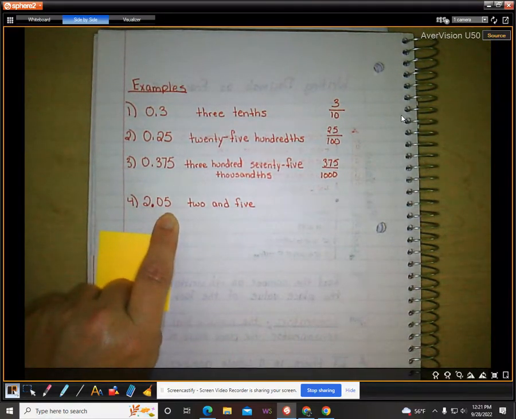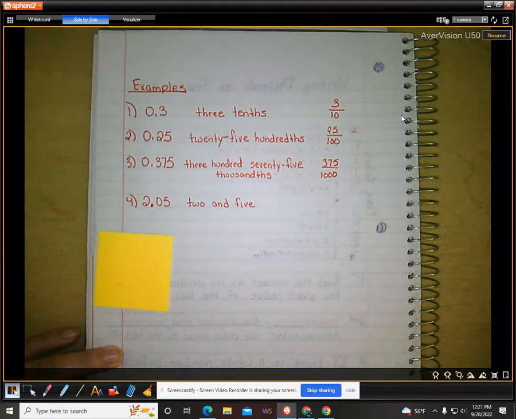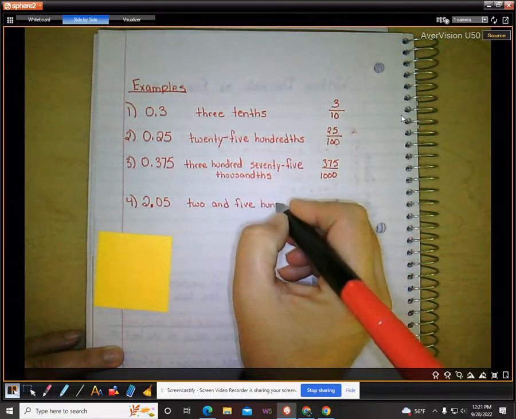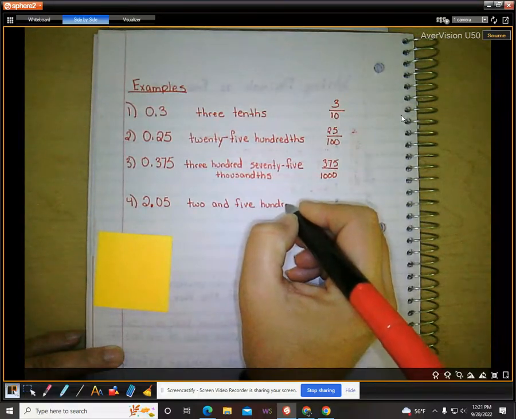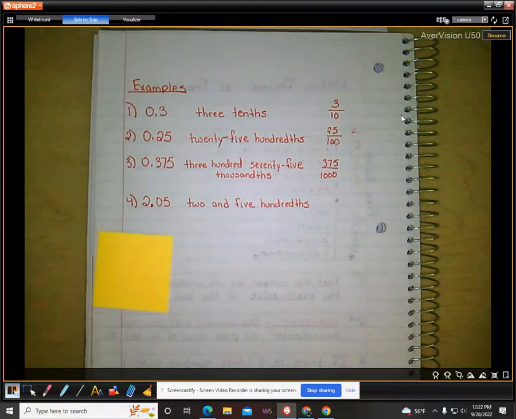What is the place value of the 5? It is the second place after the decimal point. So what is the place value of that 5? Mateo? It's hundredths, yes. It is not tenths. So that would be 2 and 5 hundredths.